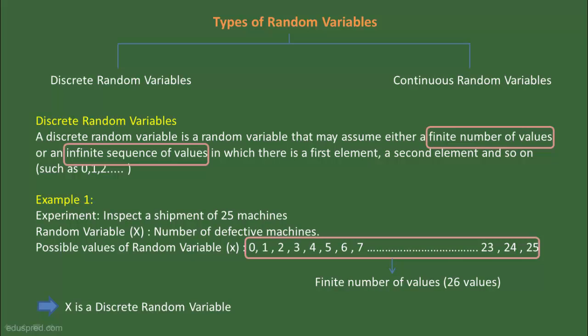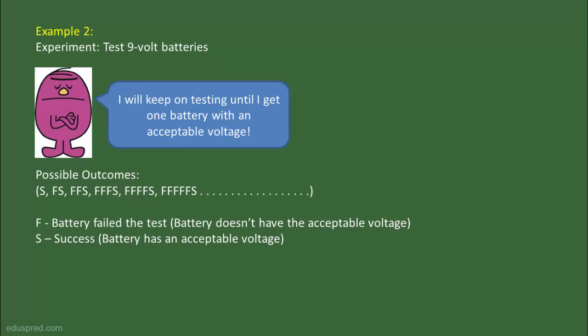Let's take another example. Say you want to test 9-volt batteries and you decide that you will keep on testing until one battery with an acceptable voltage is obtained. In this case, these are the possible outcomes. Here F means that the battery failed the test. That is, the battery does not have the acceptable voltage. And S means that it is a success. That is, the battery has an acceptable voltage.